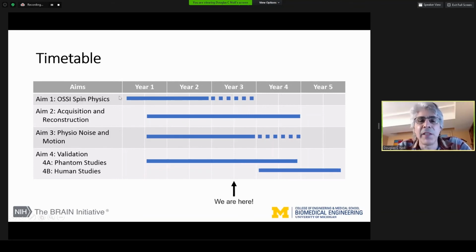Our spin physics work is mostly done, with a little bit of work on modeling of motion and flow, but that's mostly done at this point. And then our methods for trying to correct for motion and flow are going to continue out into year 4 as well. We've been doing phantom validations along the way, and then starting next year, we're really going to get more into the human subjects validations.